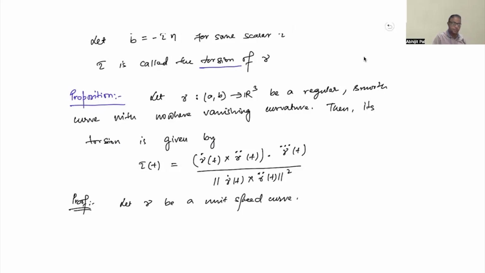So first let us assume this thing, and so what we have. Okay. So what we know is that this B dot is equal to minus tau times the normal vector.